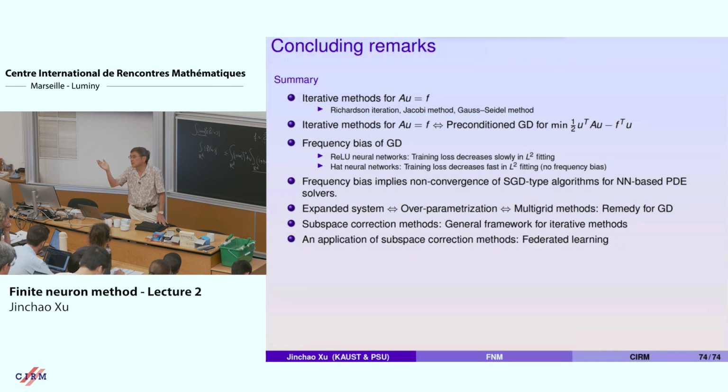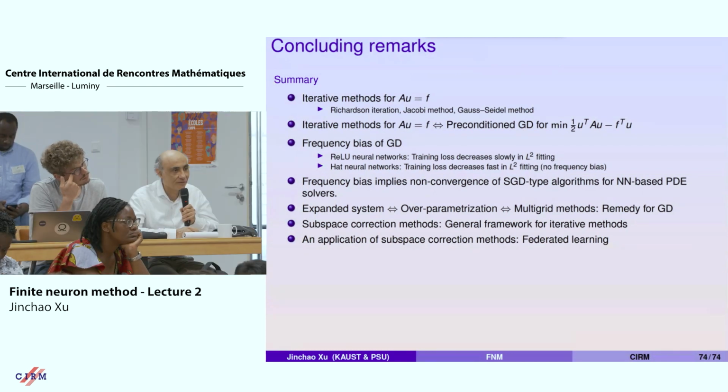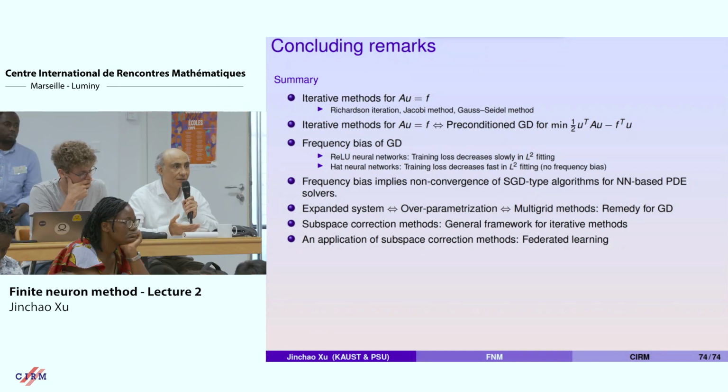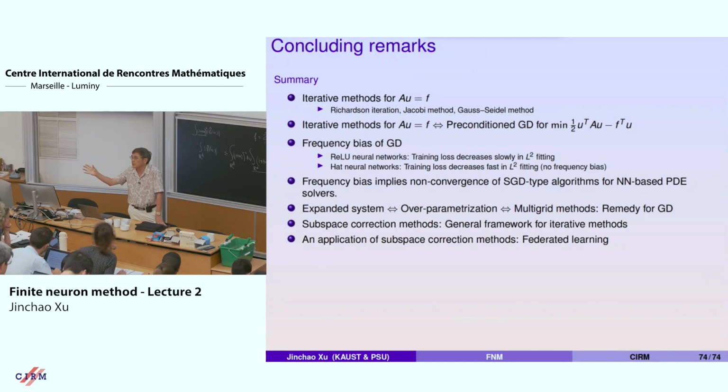I do not know if I answer your question. In general, if you use a neural network, you do not have a stiffness matrix anymore. Usually people don't try to build it. You do a quadratic, you do a loss function minimization.